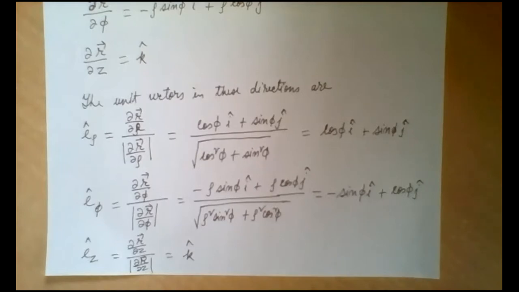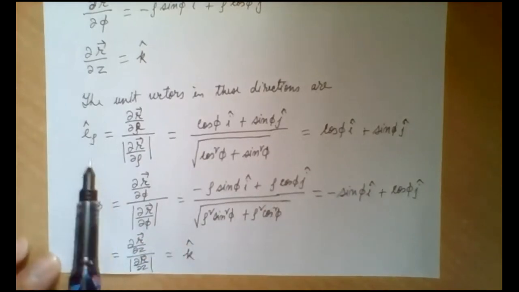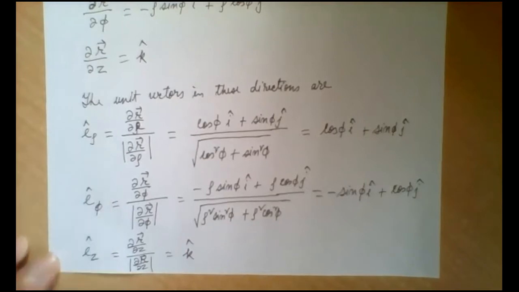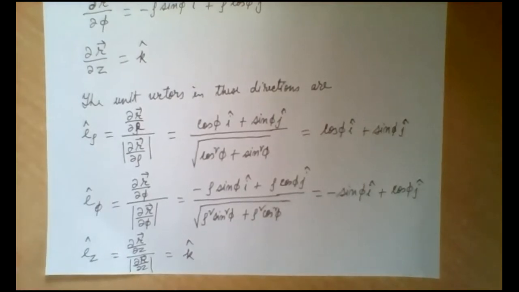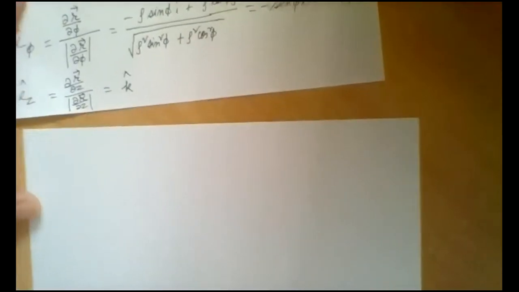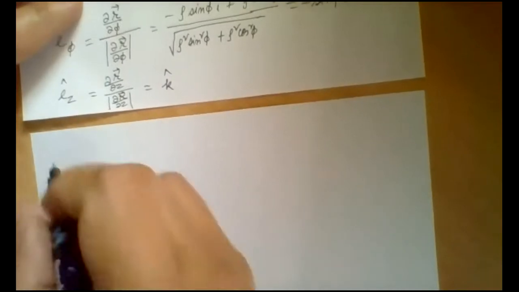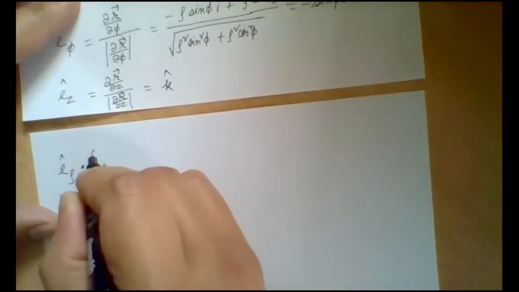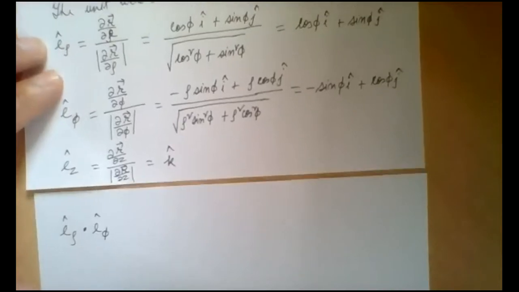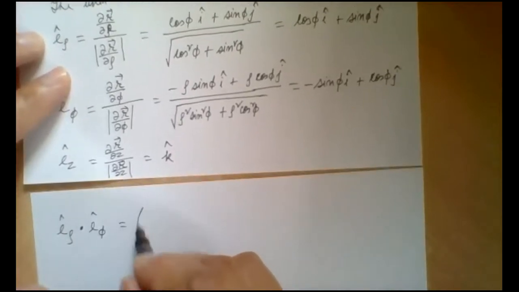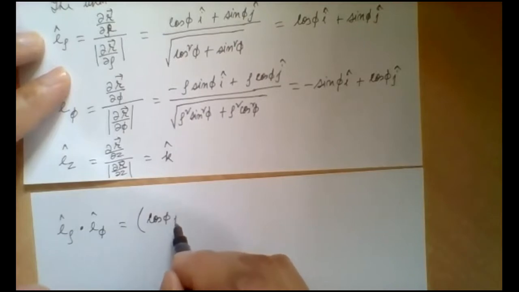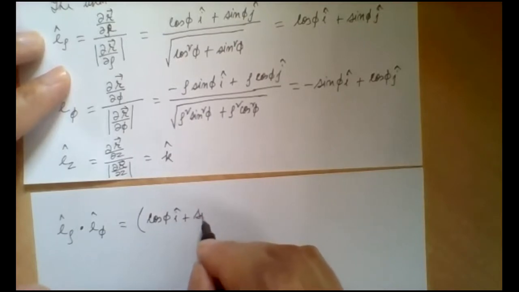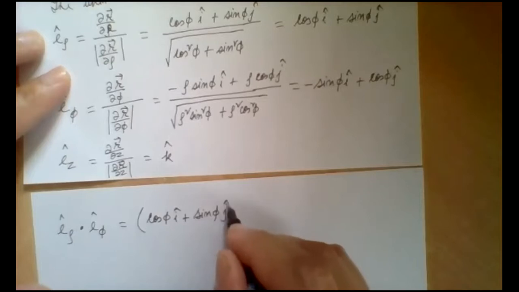So let us take the dot product of these three unit vectors. First let us take the dot product of E rho and E phi. E rho dot E phi. And what is E rho? E rho is cos phi i hat plus sin phi j hat.